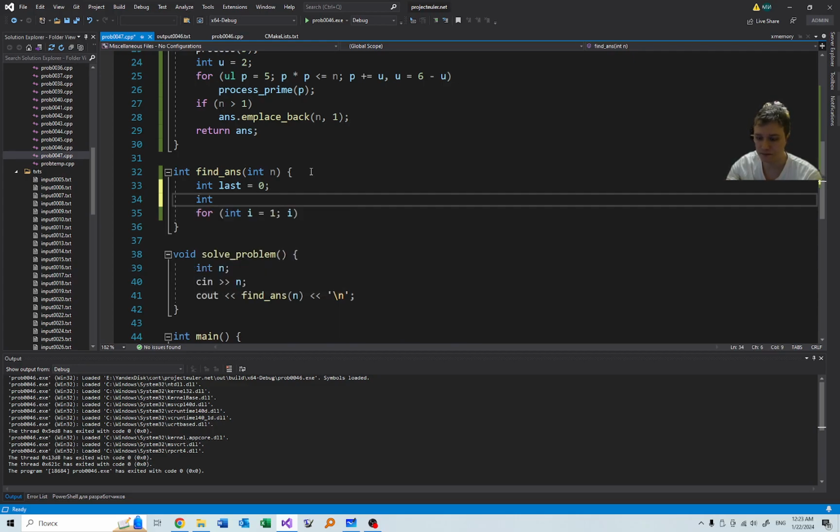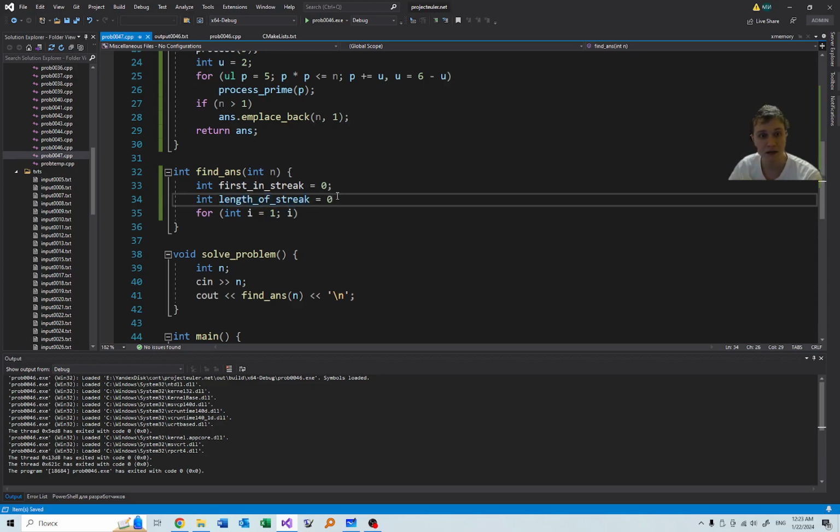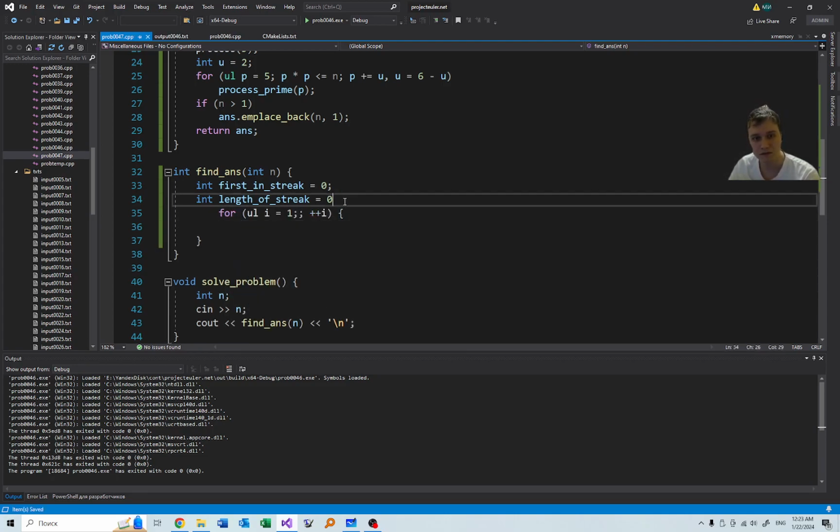So first in streak is 0, length of streak is 0, and we go through, for example, all longs.